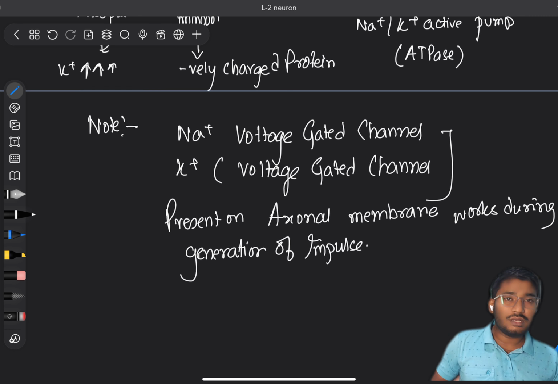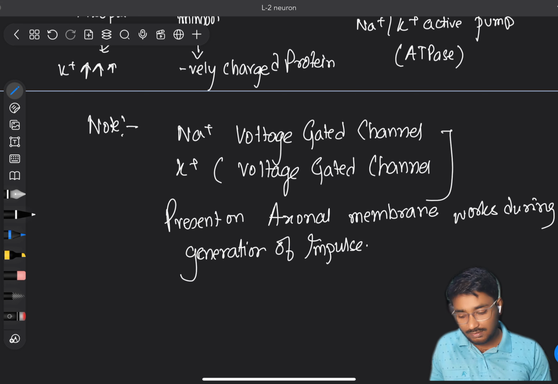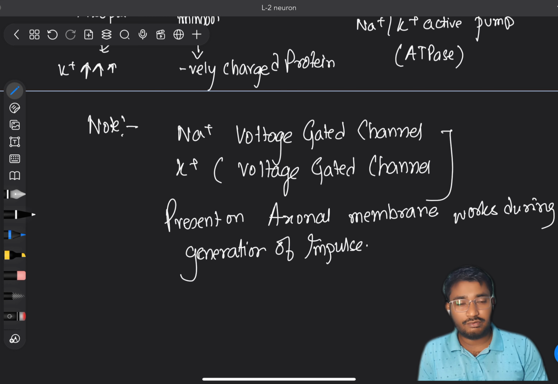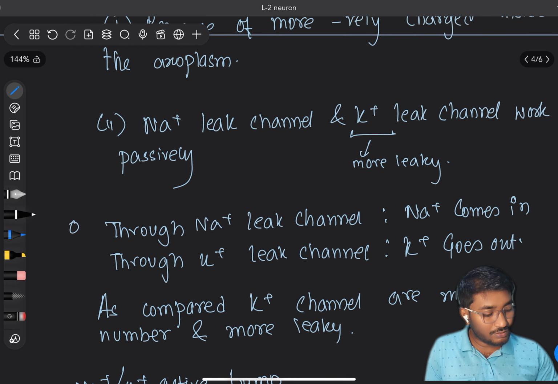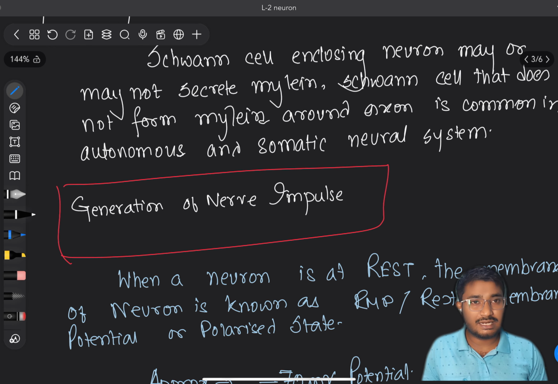Okay, so I am stopping the matter up to here. From the next lecture, I will start from this, and it will be continued up to the conduction of the impulse. Okay, so please go through this lecture, and I don't think you will find any difficulty in understanding it.